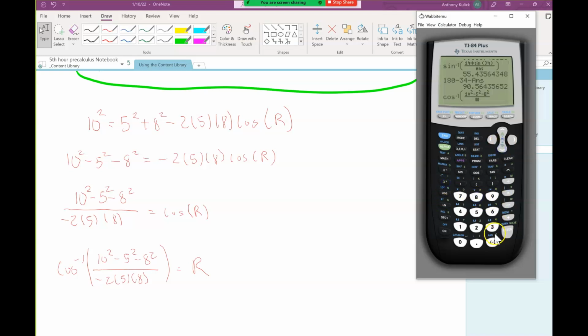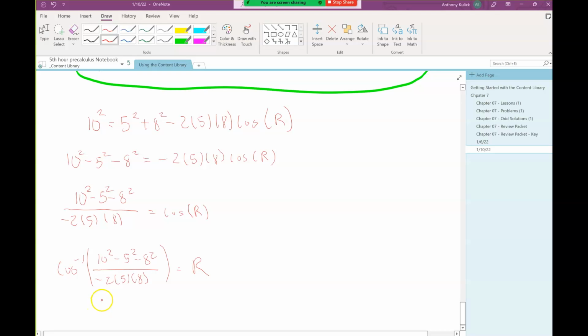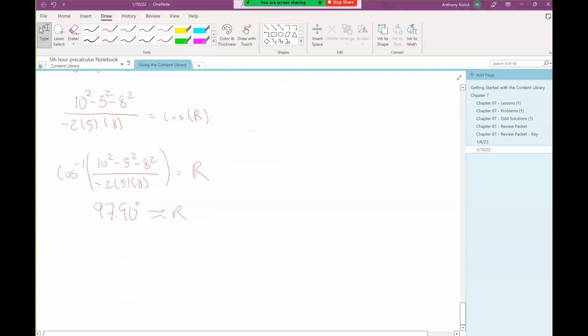I can just type this into my calculator the way it looks on my sheet of paper, and my calculator will sort it out for me if I remember to type in the 2 there, which it looks like I forgot. So I have 97.90 there. Everybody happy?